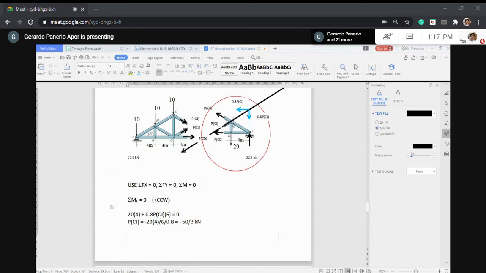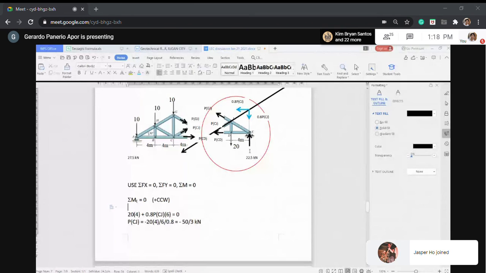If I make this the moment center, I have only two forces that rotate. The 20 is useless, it cannot make moment at J. At least three forces are converging at J: the 20 kilonewton, the PCJ, and the PCG. How about the CD and the 22.5?